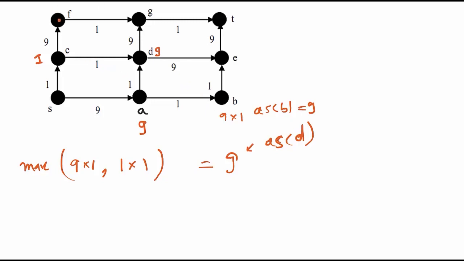Similarly, the quality score of F is also 9, right? Okay, so I have found out the quality score of A, B, C, and F. What about the quality score of G?